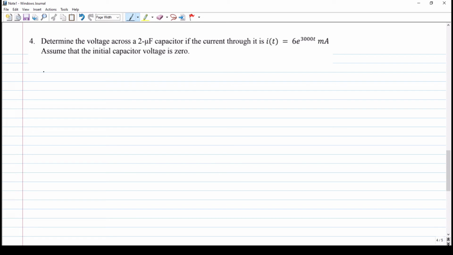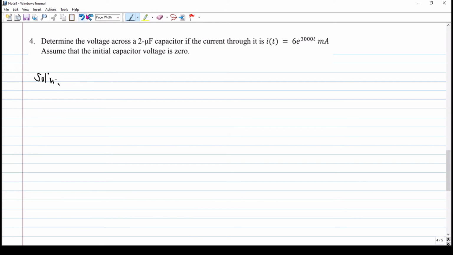So next problem, determine the voltage across a 2 microfarad capacitor if the current through it is i of t equals 6 e to the power 3000 t milliampere. Assume that the initial capacitor voltage is 0. So solution. In that problem, we use this formula.